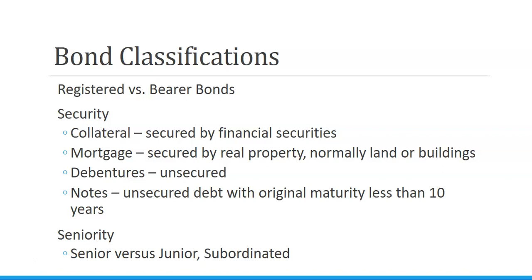This means that if our company goes bankrupt, senior bonds have priority for payment over junior bonds, and subordinated bonds will only be paid after any specified creditors have been paid. So that creates the seniority for when debt is paid off in the event of bankruptcy.